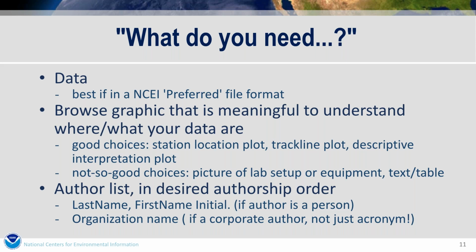It's encouraged to not use a bunch of acronyms as the organization name if it's a corporate author's name. Maybe a few, NOAA is okay. OGSSD may or may not translate well to everyone who sees that particular acronym as an example, or DSD, where I work, the Data Stewardship Division at NCEI.